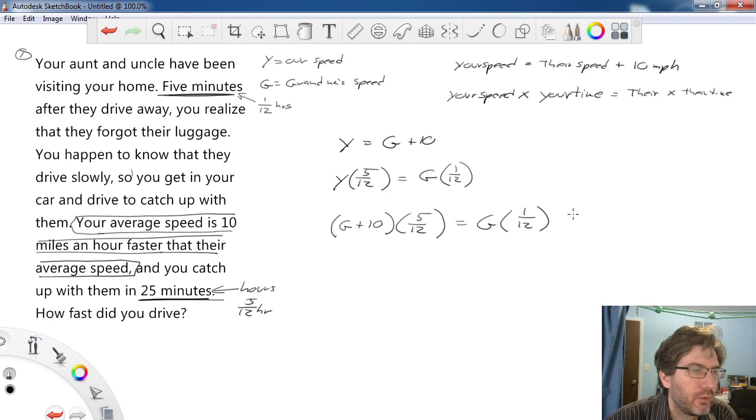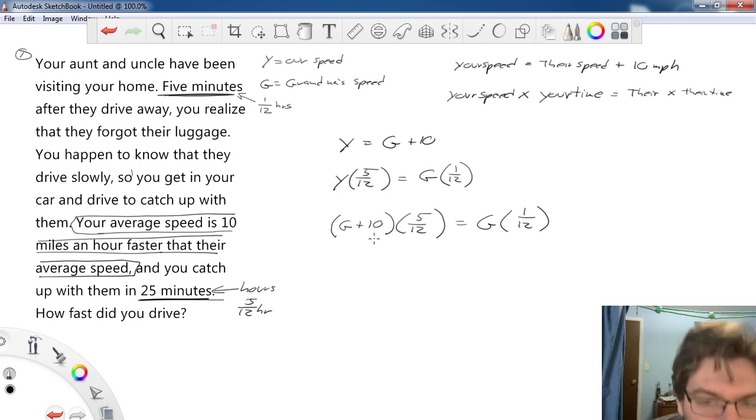And we're going to go ahead and multiply each of those by 12 just to get rid of the denominator, because I don't like it. I don't think we want fractions, so let's get rid of fractions.